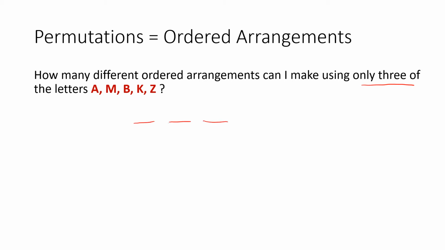For the first one, I'm going to have 5 possible choices. For the second one, there'll be 4 remaining choices. And the third, there'll be 3 remaining choices. So altogether, that's going to give me 60 possible ordered arrangements that can be made using 3 out of these 5 letters.